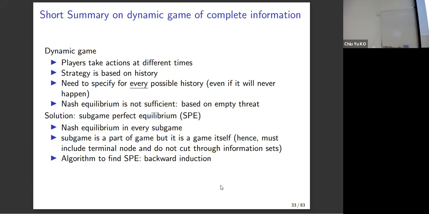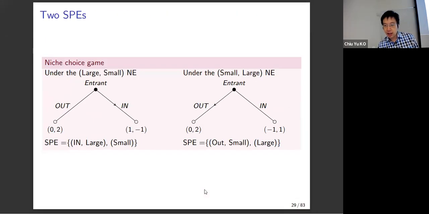And the problem is, when you have many timings, which equilibrium to pick. Remember the example we have here, right? As business PhD students, you would think this one is more likely than that one. That's what we agreed, right?